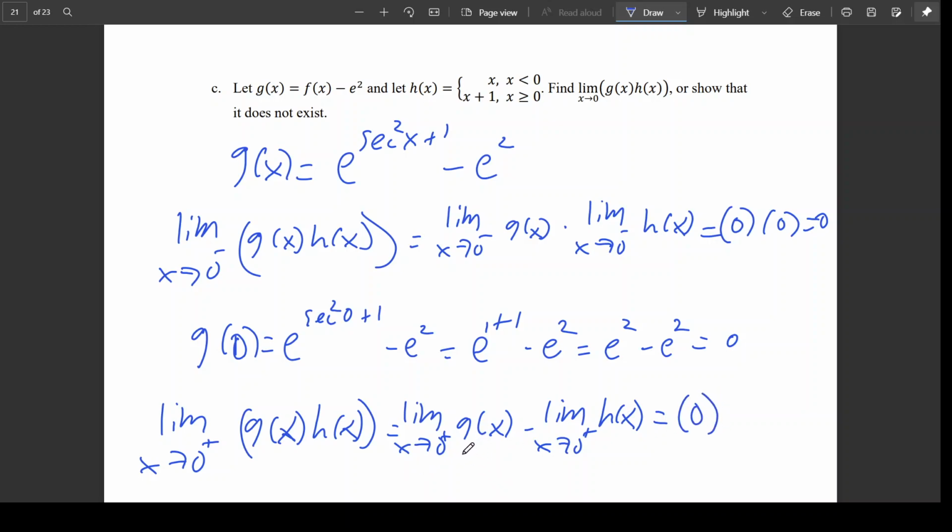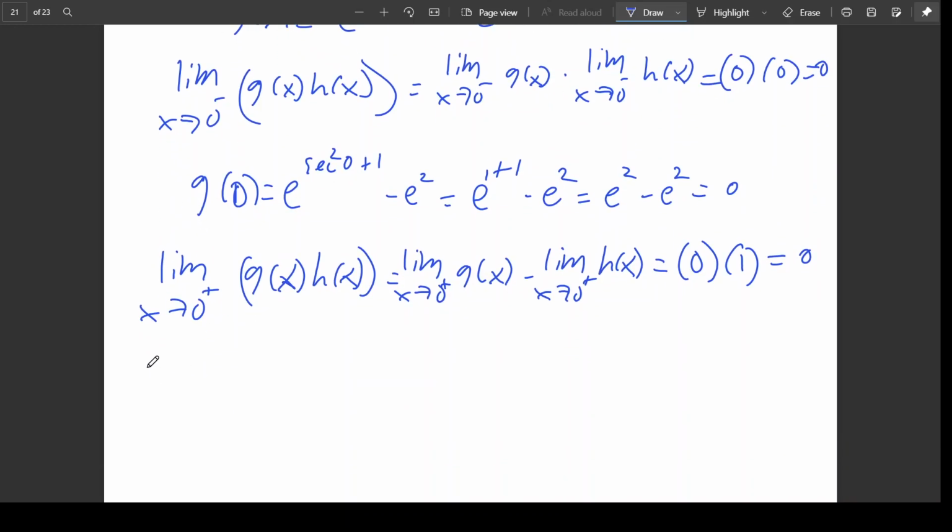Because it's still approaching 1, so it's still going to be e squared minus e squared, so it's still 0. And then from the right, for h of x, we see it's approaching 1 here, because 0 plus 1 is 1. But notice that it didn't really matter what this guy was approaching, because this was 0. So it still equals 0.